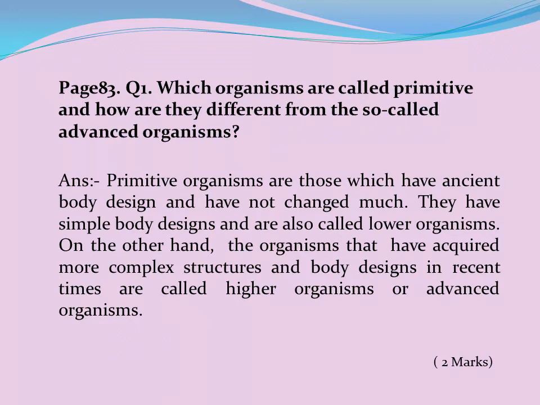They have a simple body design and are also called lower organisms. On the other hand, the organisms that have acquired more complex structures and body designs in recent times are called higher organisms or advanced organisms.